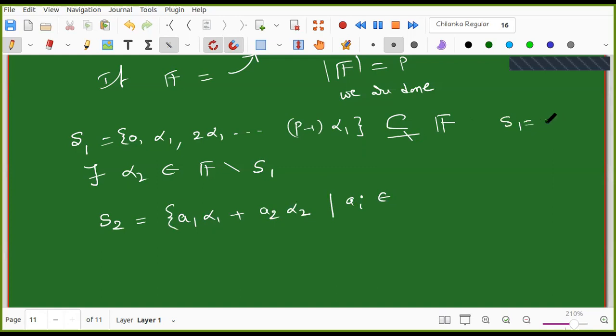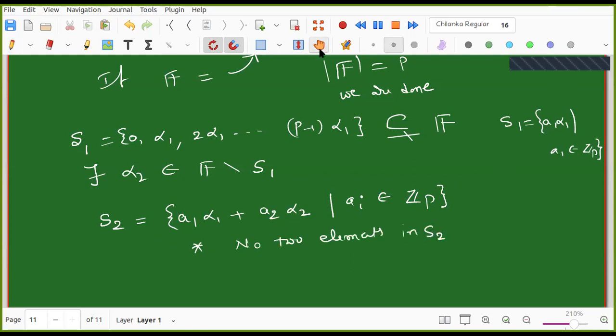S1 is in fact equal to A1 alpha 1, with A1 belonging to Z_P. Then again you can show that no two elements in S2 are equal. I am giving it as an exercise.